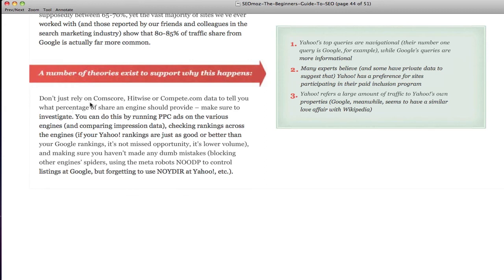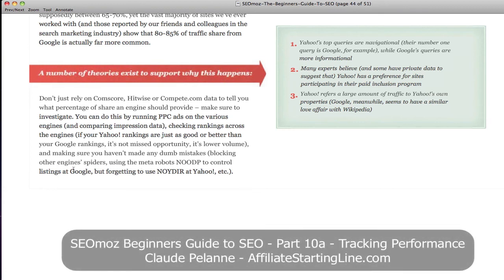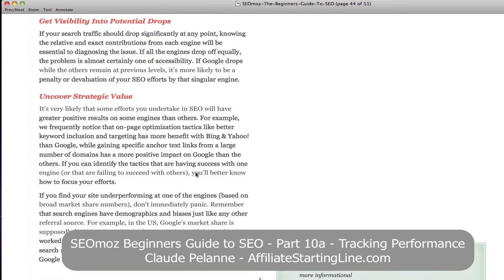And then it tells you, don't rely solely on ComScore, Hitwise, and Compete. You might want to use your own methods of trying to figure out how this metric works by running your own PPC campaigns and making sure that your configuration for each search engine is the same, so that you're not blocking, let's say, DMOZ in one search engine and allowing it in another, and that sort of thing. So that's the second metric.